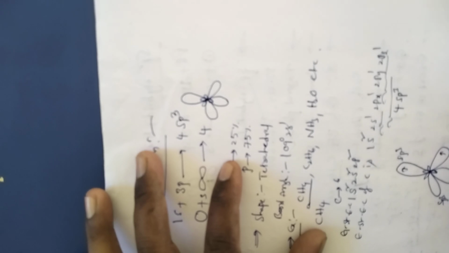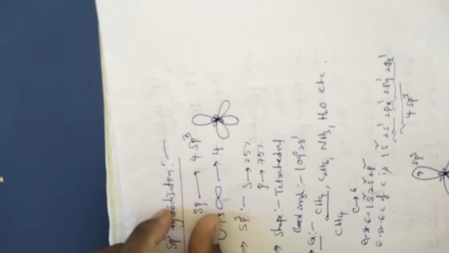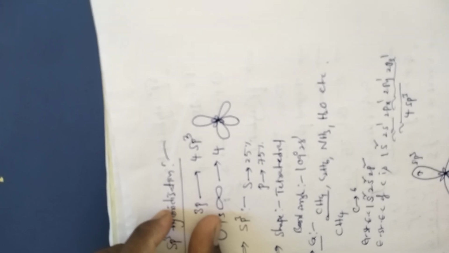Each sp3 hybrid orbital has an unpaired electron. It can overlap with another element. The atomic number of hydrogen is 1, and its electronic configuration is 1s1.